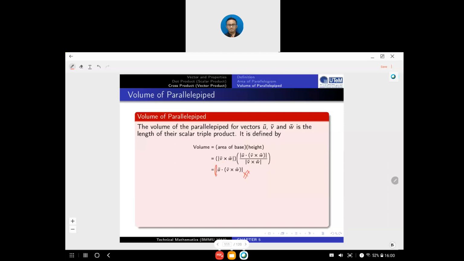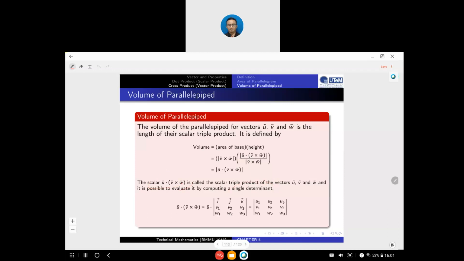When you solve this, we can actually use the scalar triple product with a determinant, where vector U dot vector V cross W is also equal to this. It means that the i, j, k on top, you replace with U1, U2, U3.